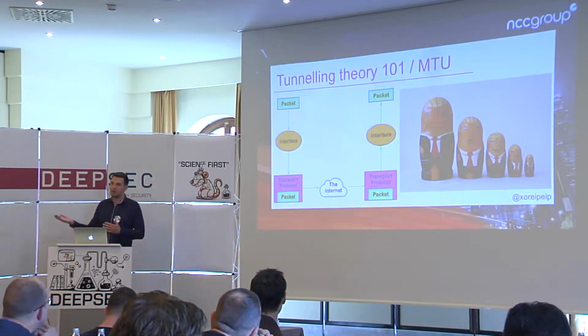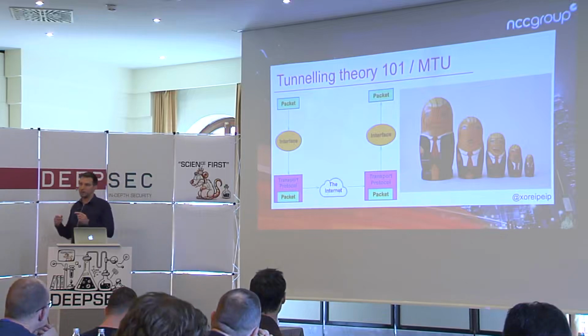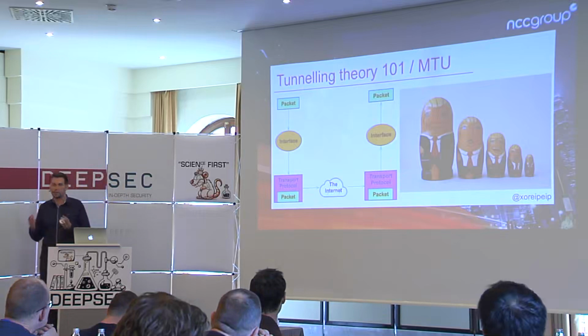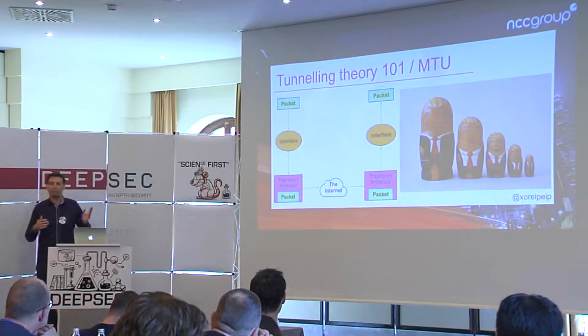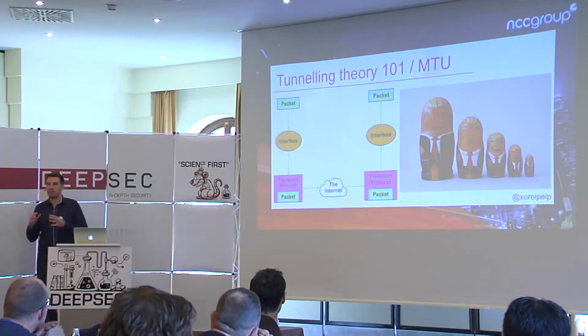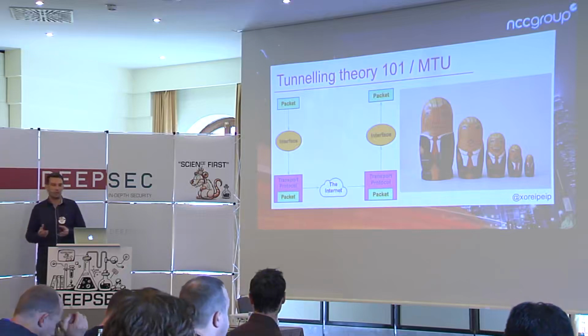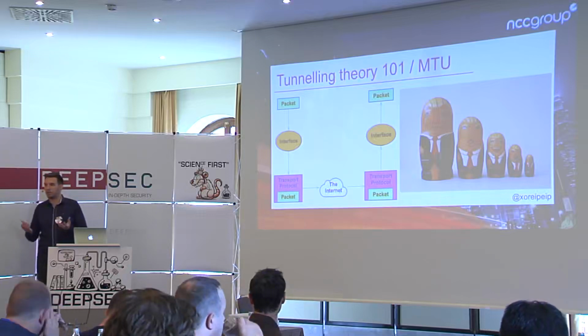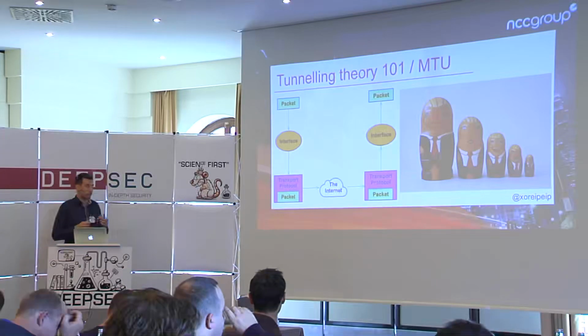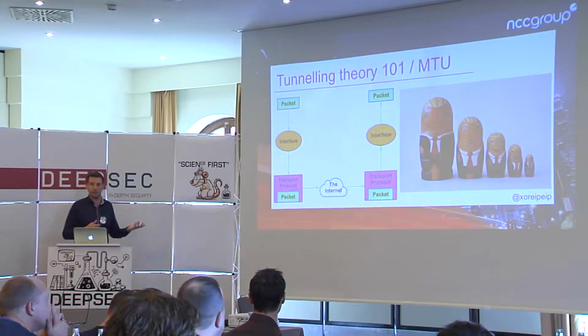When the original destination server answers your packet, the VPN server will capture that again with the interface. It will encapsulate the packet into an ICMP response, a ping response, and send it back to the client over the internet.